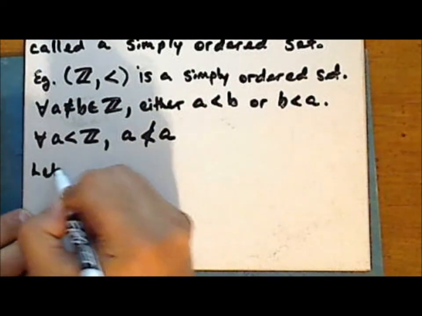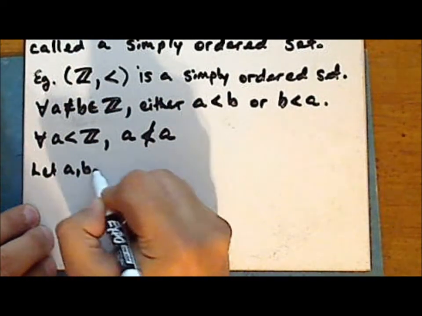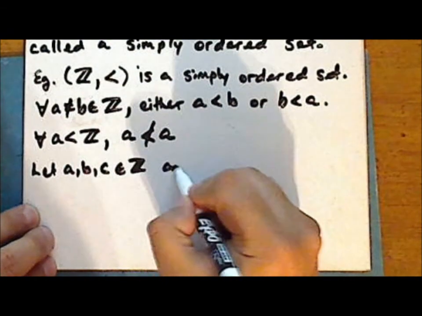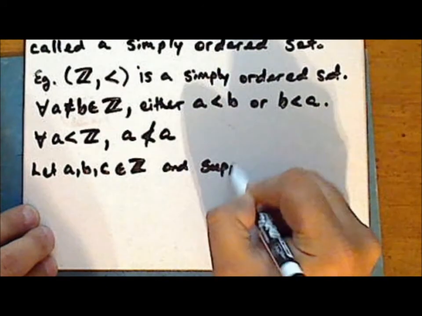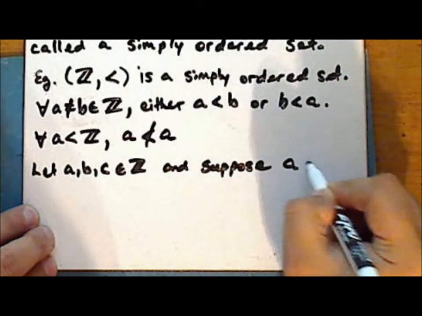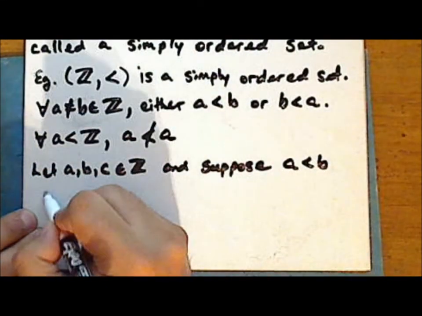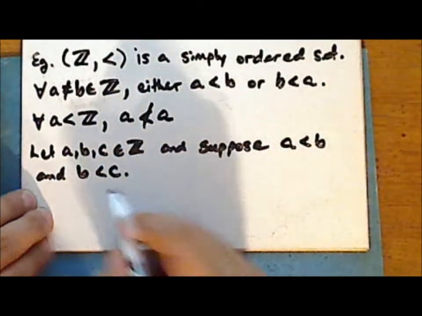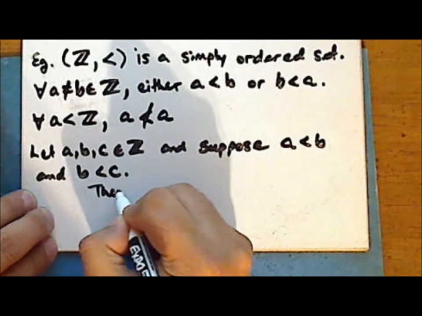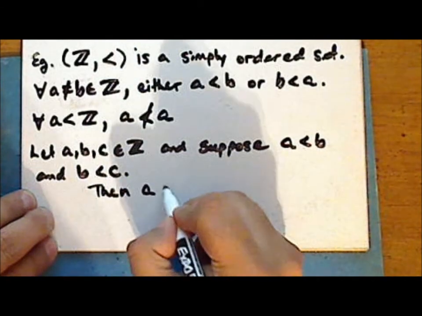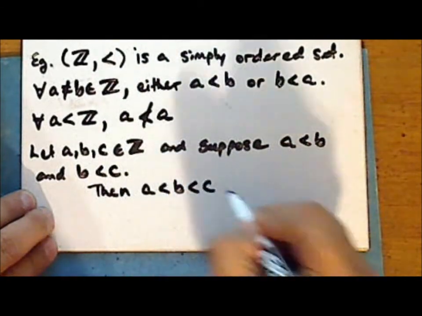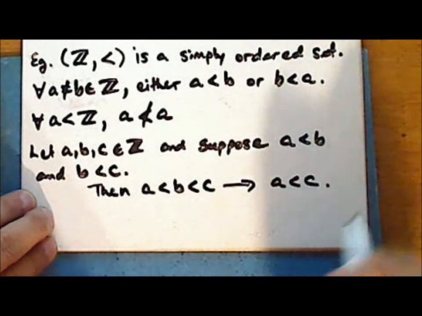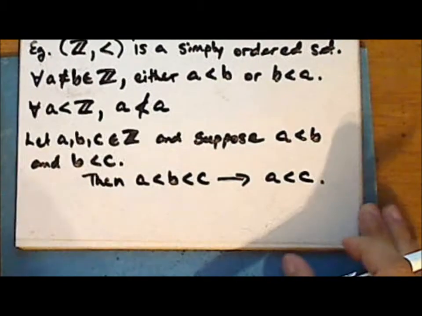So now let the elements a, b, and c be integers, and suppose that a is less than b and b is less than c. Then we have a is less than b, which is less than c, and this does indeed imply that a is less than c, and so the relation is transitive.